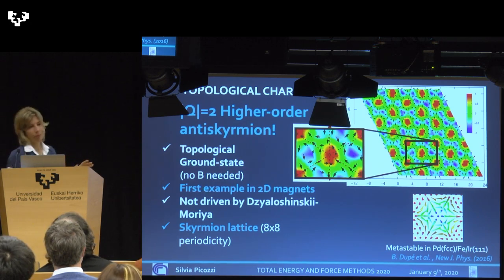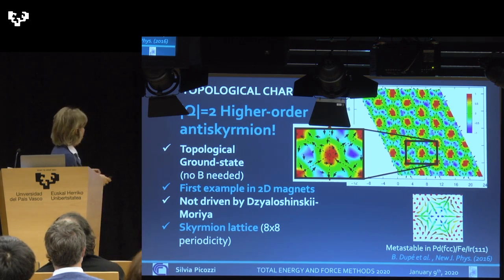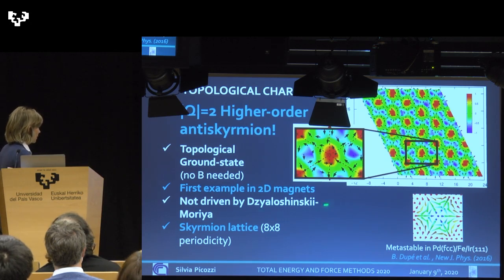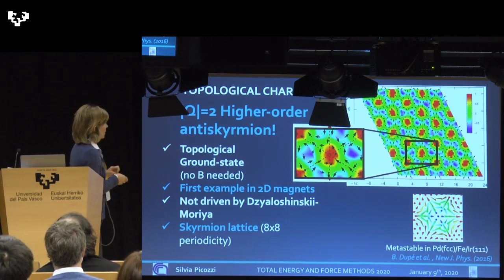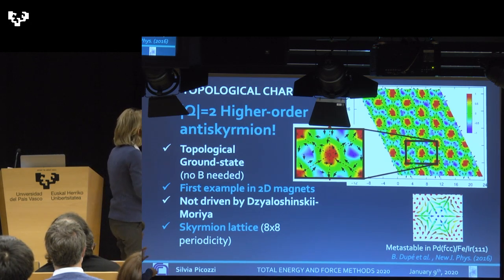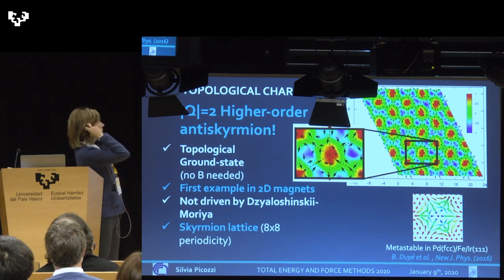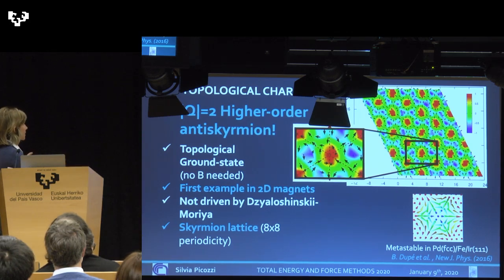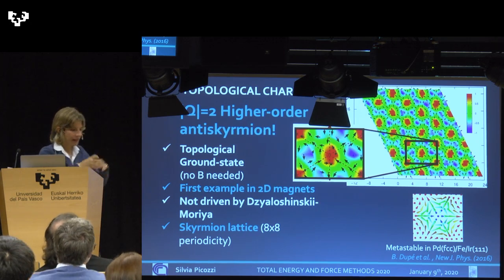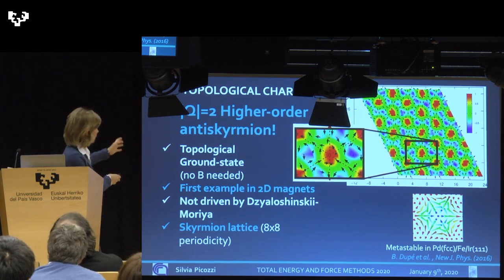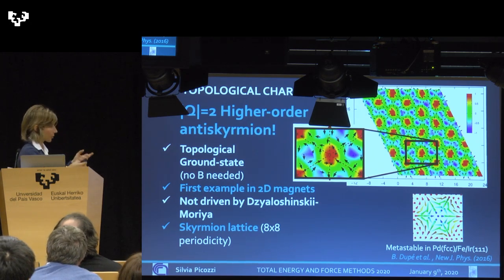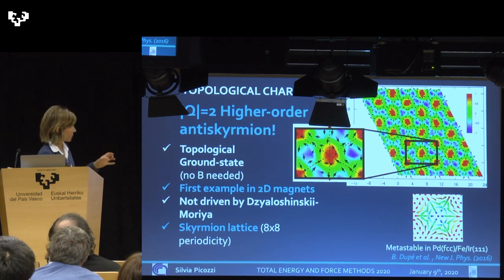As a first example in a two-dimensional magnet, at least to my knowledge, it is not driven by Dzyaloshinskii-Moriya. Also, we see a skyrmion lattice, which seems to be commensurate with what we see. It's like 8 times 8, although we are in the process of calculating the Fourier transform of the spin texture so that we can be more precise. But it really seems a skyrmion lattice.